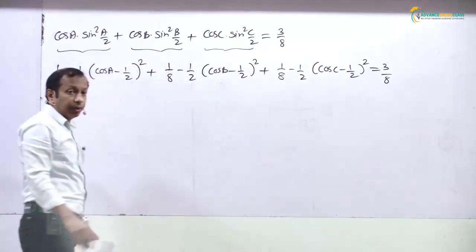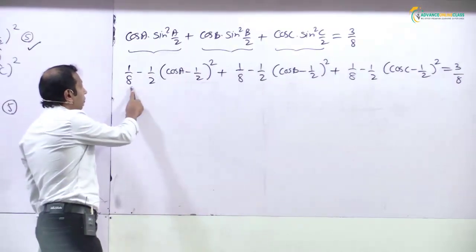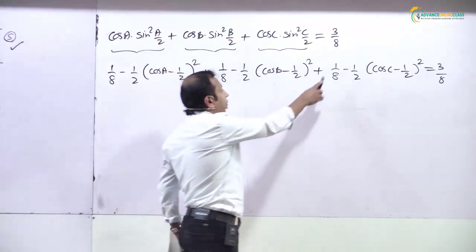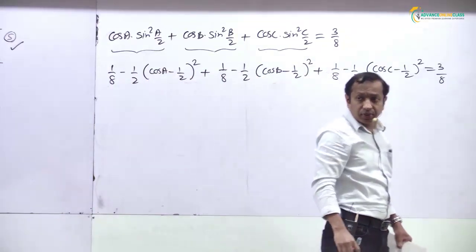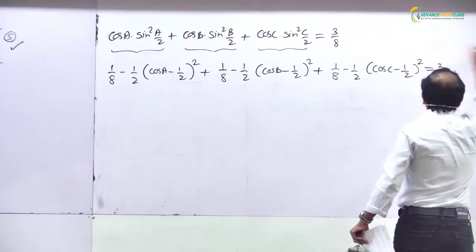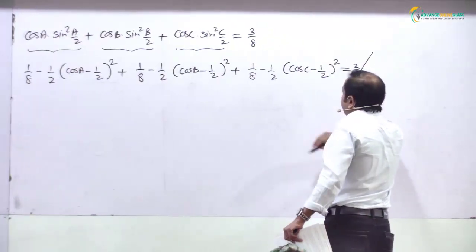You can very clearly see there, 1 upon 8 plus 1 upon 8 plus 1 upon 8 is 3 upon 8. The 3 upon 8, once you take the right hand side, can be cancelled down with this.